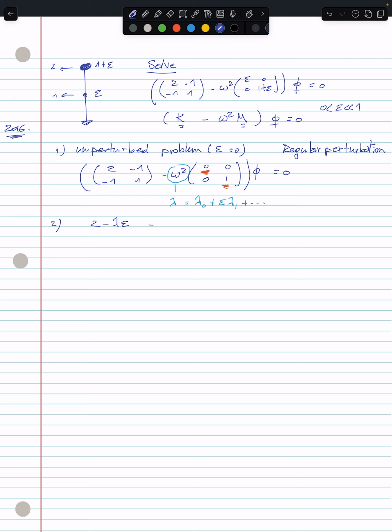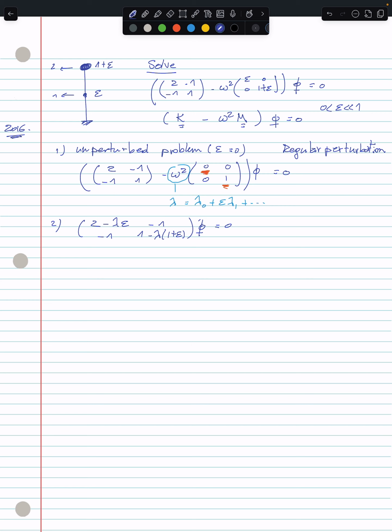I'm just combining both matrices together, minus 1, and 1 minus lambda for 1 times 1 plus epsilon. This matrix multiplied by phi is equal to 0. All right, and so there is probably a first way to solve that problem, which connects with what we studied before in algebraic equations, right?